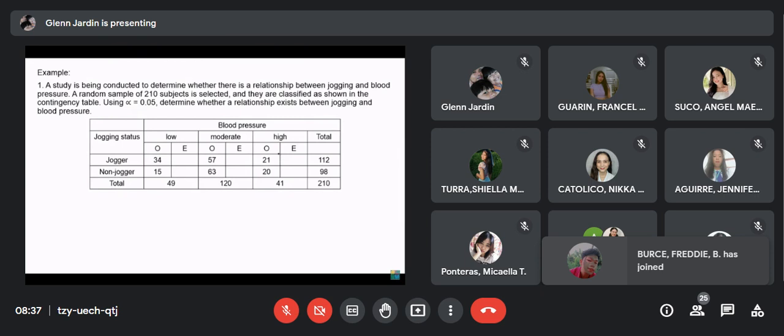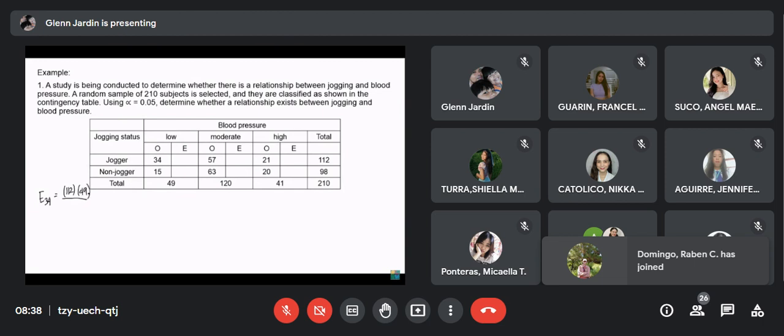So, lahat ng ating entries ay yan yung ating observed. So, kukuhanin natin yung expected. So, sabihin natin na ang expected, tapos i-name natin 34. That it means that this is the expected value for 34. We have the row total. Ang ibig sabihin ng row total ay yung kung nasaan yung cell na yon, yung total niya sa row na yon, which is 112, ay dapat daw i-multiply sa column total.